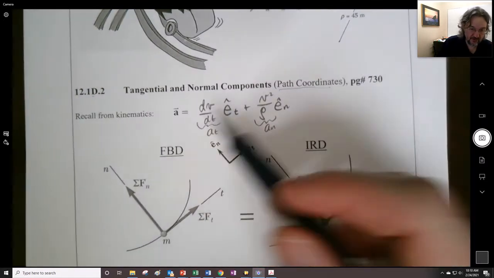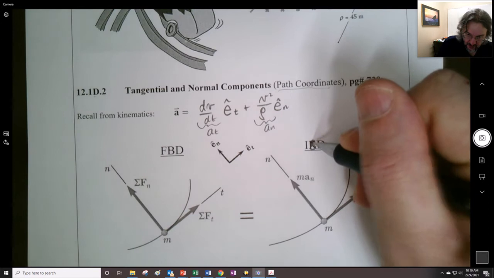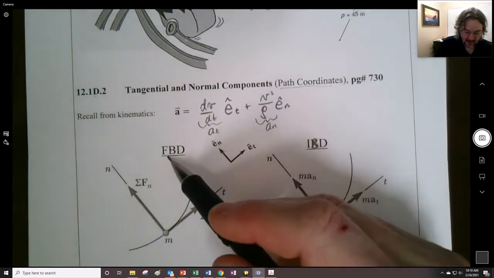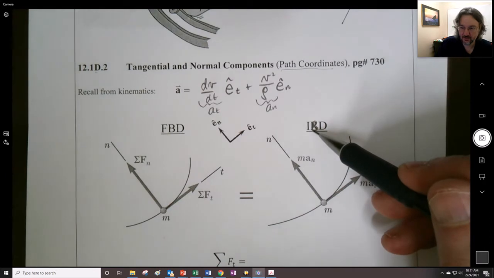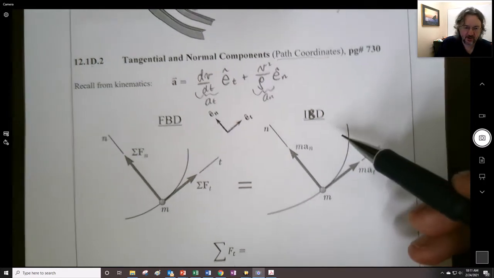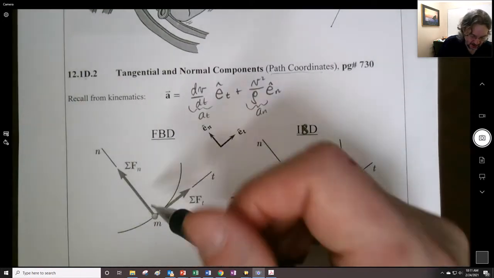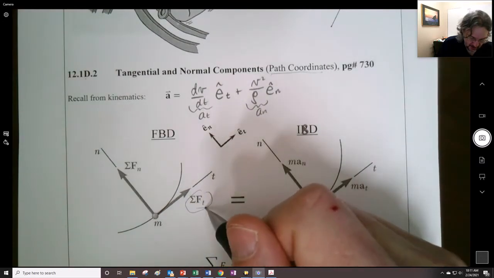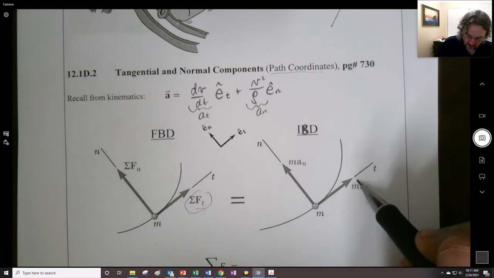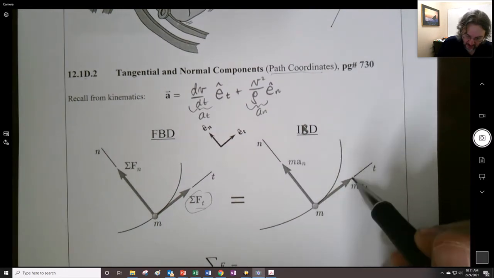So now on our free body diagram and inertial response diagram, often I'll call it the inertial body diagram, just because FBD and IBD kind of sound good together. But you could call this the inertial diagram, inertial response diagram, whatever you want. So we draw the thing onto here, and we see that the sum of the forces in the tangential direction are going to equal the sum of the inertial forces, right?